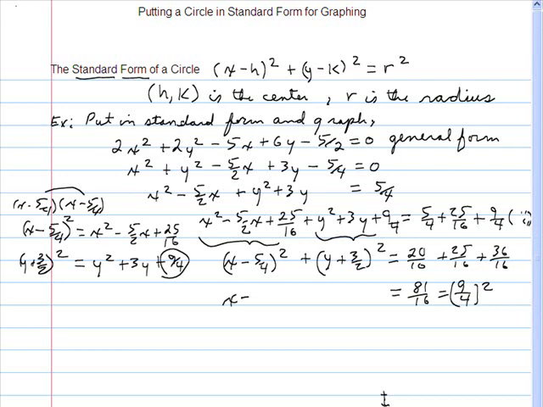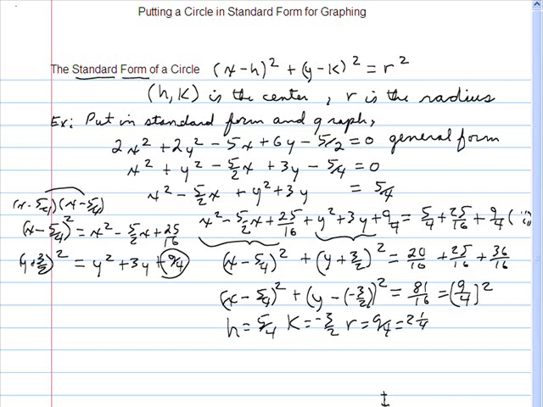So I have x minus h, with h being 5/4. If you put this in the y minus k form, this would say y minus negative 3/2, so my k is actually going to be negative 3/2. So h is 5/4, k is negative 3/2, negative 1.5, and r is 9/4. 9/4 is the same as 2 1/4.